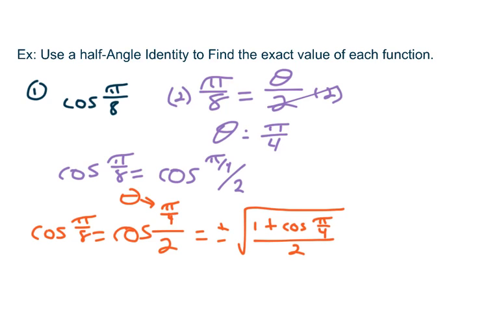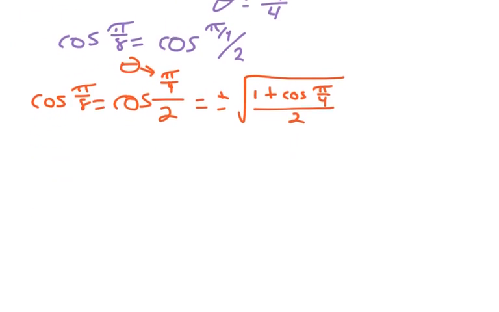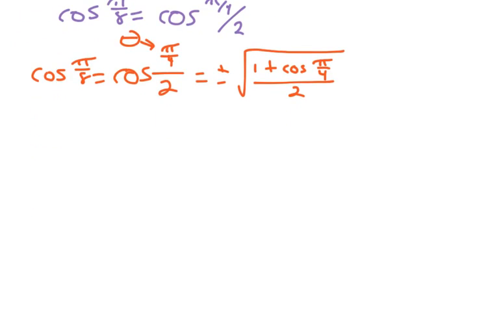Now, we can work this down and evaluate it to get a singular exact answer. So it equals plus or minus the square root of 1 plus cosine of pi over 4, all over 2. That's on the unit circle: cosine of pi over 4 is square root of 2 over 2, and that's still all over 2. I should probably adjust this radical symbol so that the entire fraction is underneath the square root.